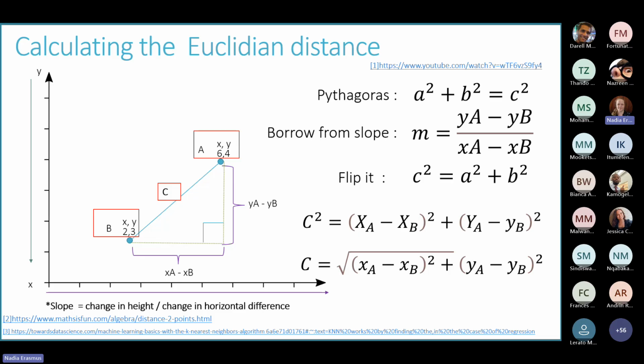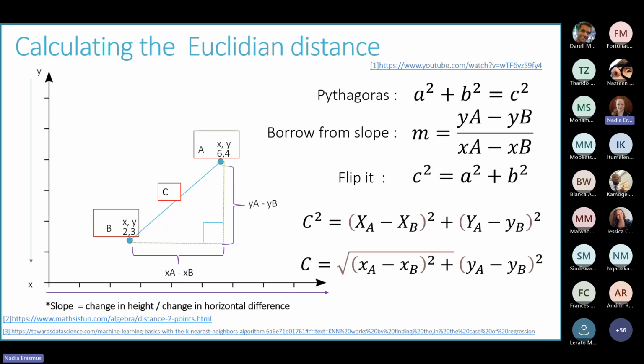Okay, so we can get the distance of the y's over the distance of x. Yes, guys, I'm still learning as well. To get the slope of the line. Okay, if we flip it, then we're going this slope. So the distance between A and B is going to be our Euclidean distance.